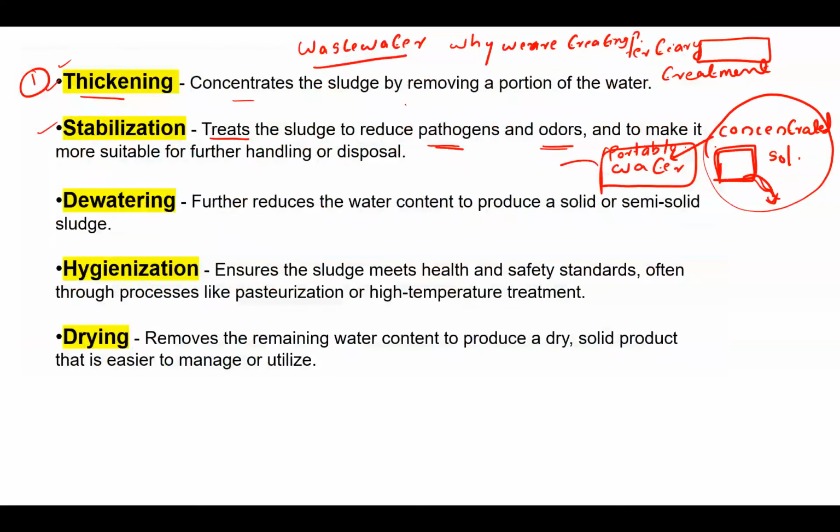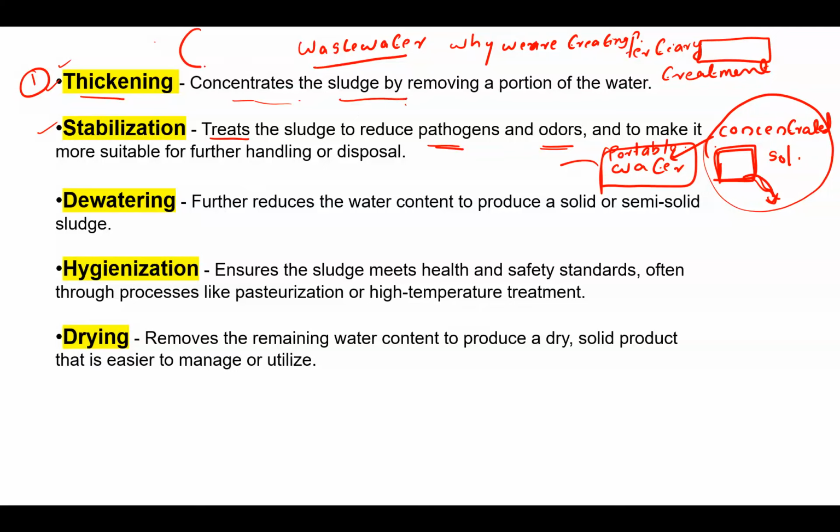If you have a large portion of water, the volume of the total sludge will be very high, and you need big machinery to treat it. To reduce the cost and energy consumption, you need to remove the water so that you reduce the sludge.